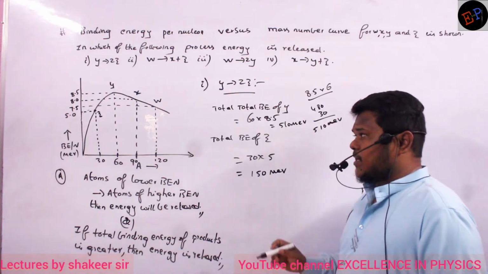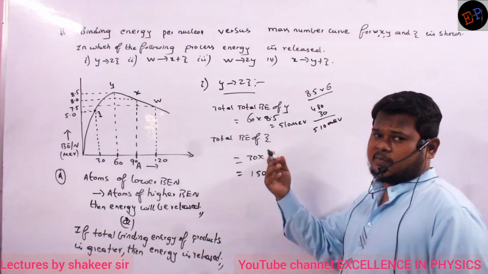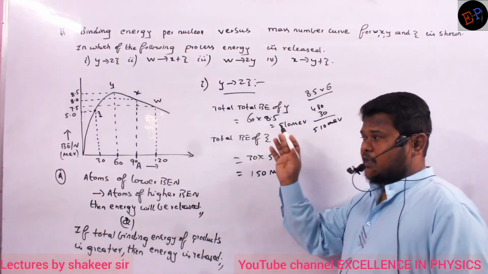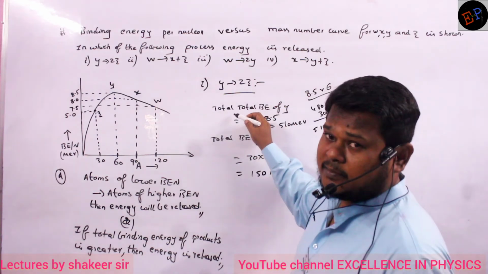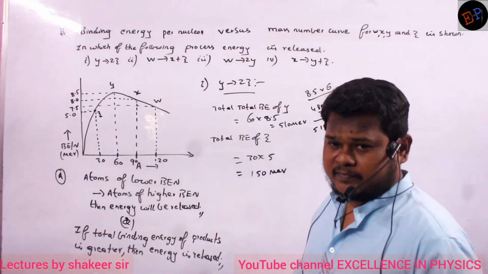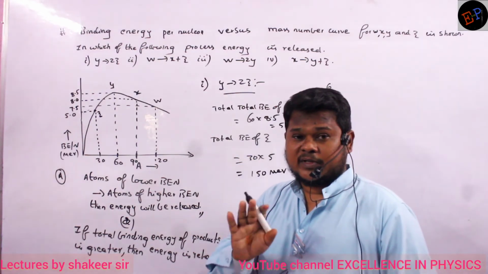So is the binding energy of reactants greater or the binding energy of products greater? Binding energy of reactants is greater, no? It means that a higher BEN atom has converted into a lower BEN one. So will energy be released or absorbed? Energy will be absorbed. Energy will not be released.